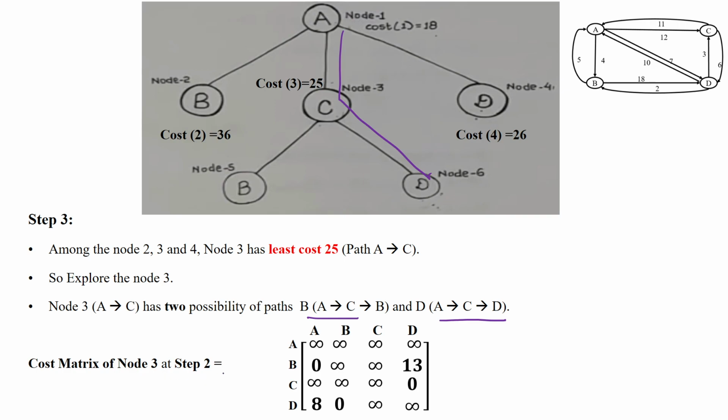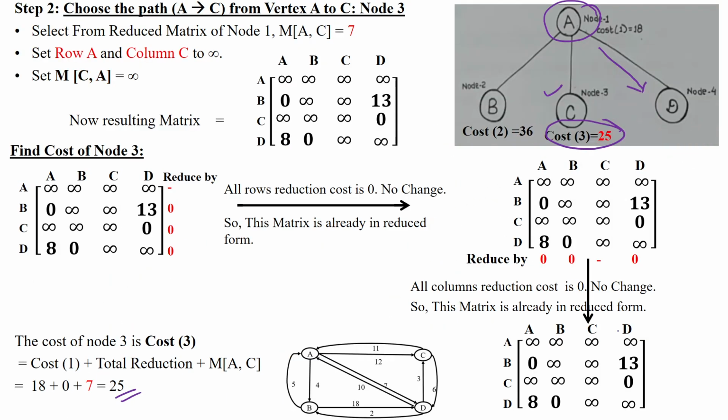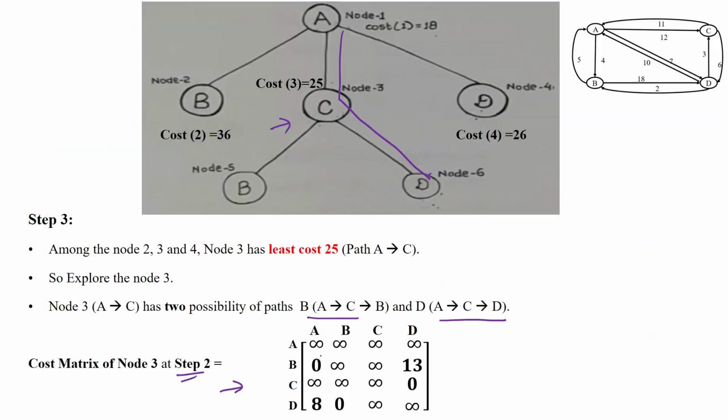This is the reduced matrix at the previous step, node number 3. This is the cost matrix of node number 3, right? Infinity, 0, infinity, 8. All the values are the same for node number 3, that is C.